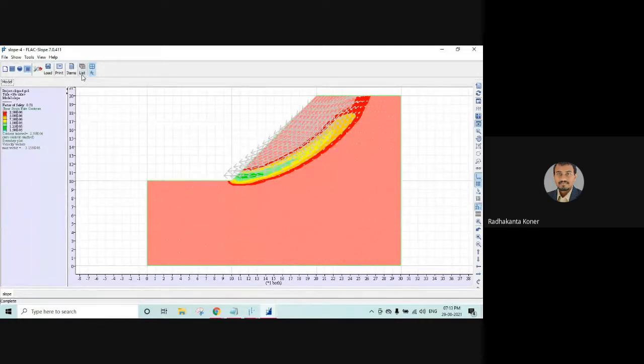New in the sense that for an LEM based method, we used to find out the failure plane.